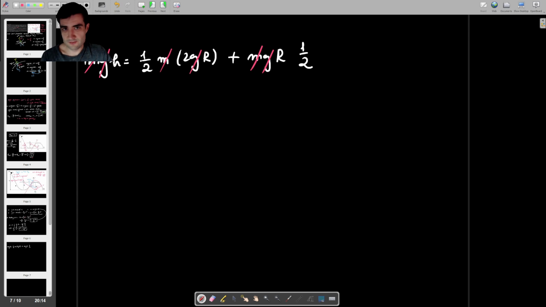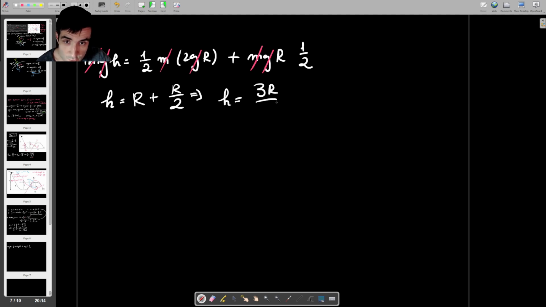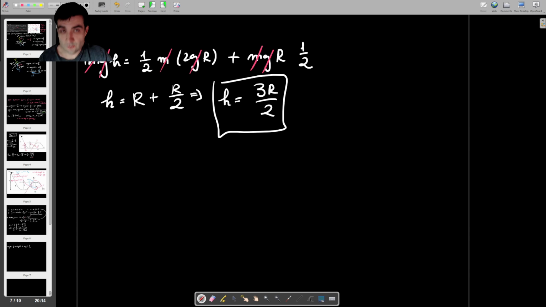So yeah, we don't care if it's 9.81 or 10 anymore. So it doesn't matter on which planet you do this experiment, in other words. So h is equal to 1/2 times 2, which is just r, plus r over 2, which is going to give us a value of 3r over 2, which is a nice round number, I would say.